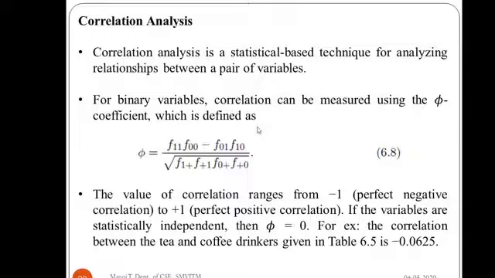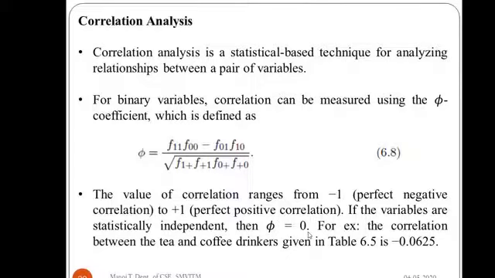Here, since we are considering binary variables, it is calculated using the following formula: the phi coefficient, or correlation coefficient, is equal to f11 into f00 minus f01 into f10, divided by the square root of f1+ into f+1 into f0+ into f+0. The value of correlation ranges from -1, negative correlation, to +1, perfect positive correlation. If the variables are statistically independent, then phi is equal to 0.